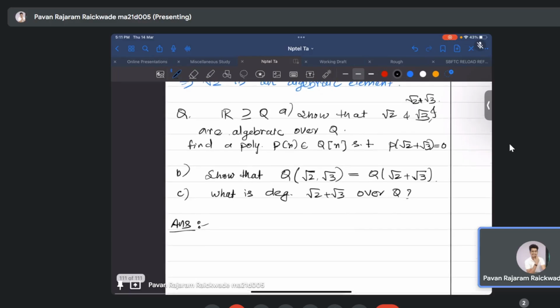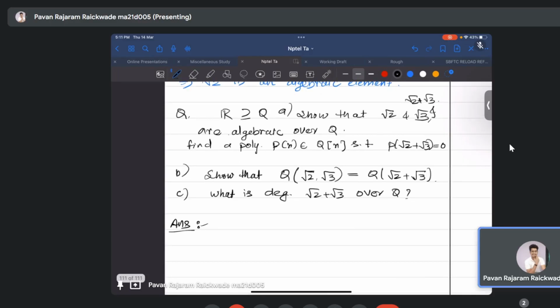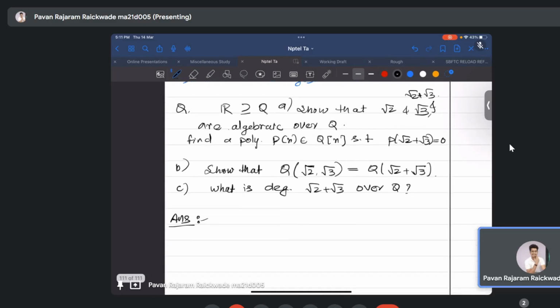Okay, so root 2 and root 3. Take the polynomial x squared minus 2 belongs to Q[x], which implies root 2 is algebraic, and x squared minus 3 belongs to Q[x], which implies root 3 is algebraic. Okay, this is easy.